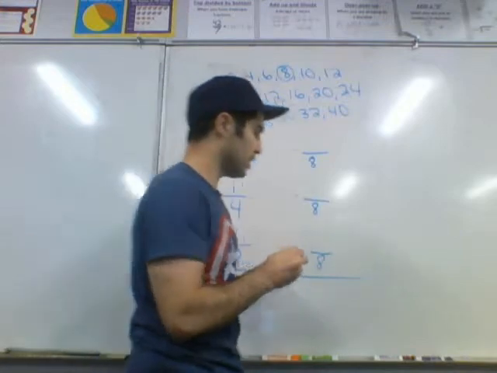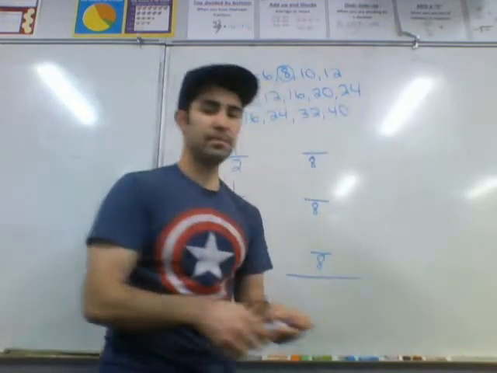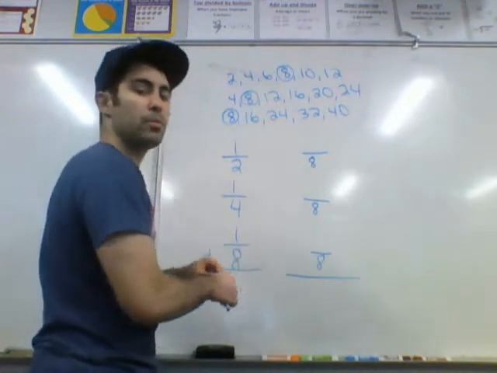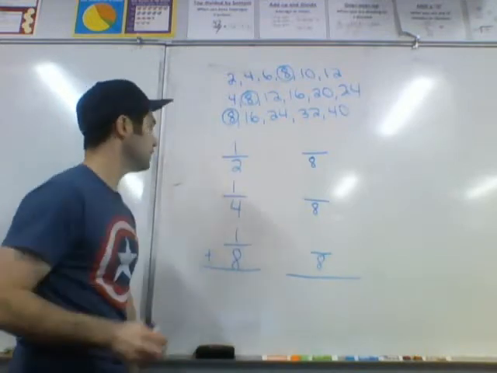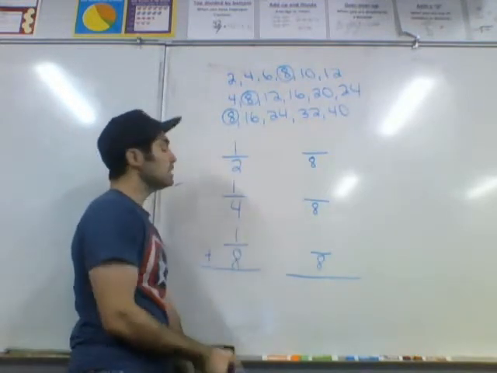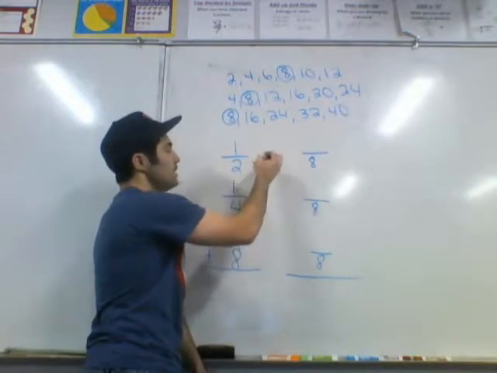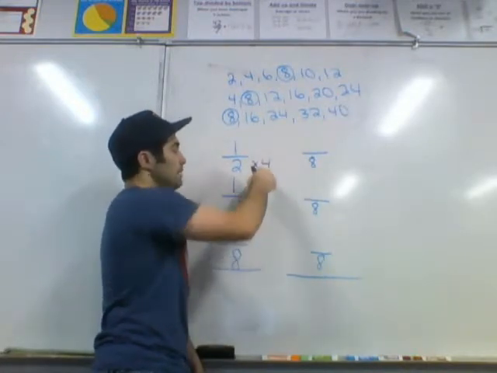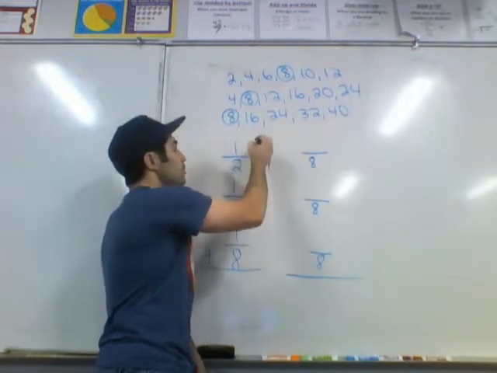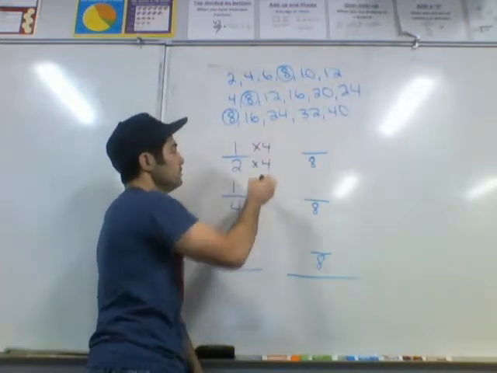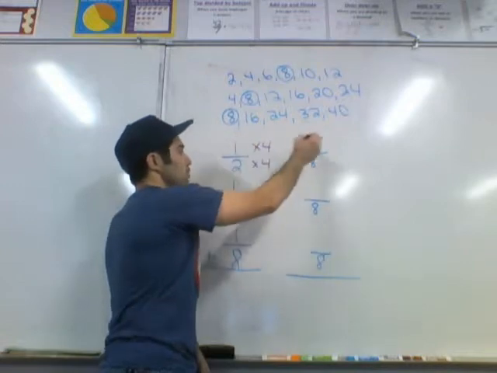Let me do this in a different color. Hopefully this works. They say purple looks best on whiteboards, so let's see. Alright, so I'm going to ask myself, 2 times what number equals 8? And of course that is 4. If I multiply the bottom by 4, I have to multiply the top by 4. So 2 times 4 is 8, 1 times 4 is 4.